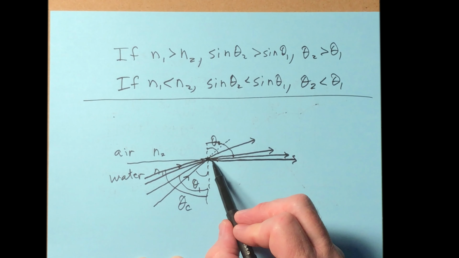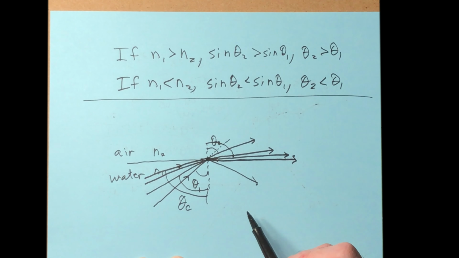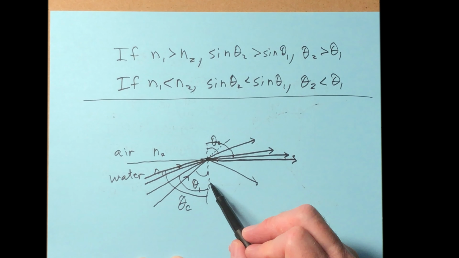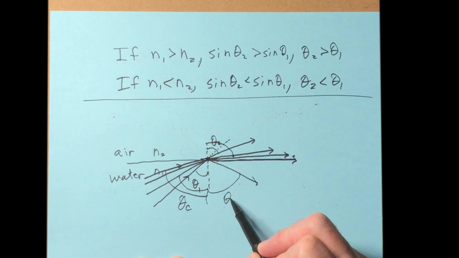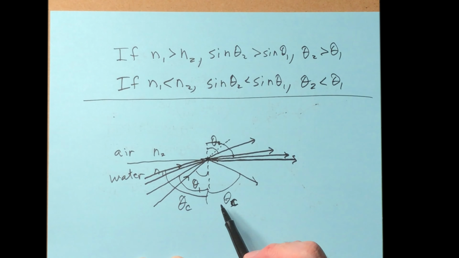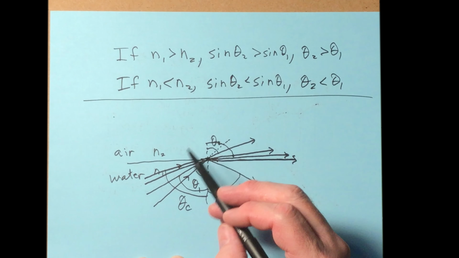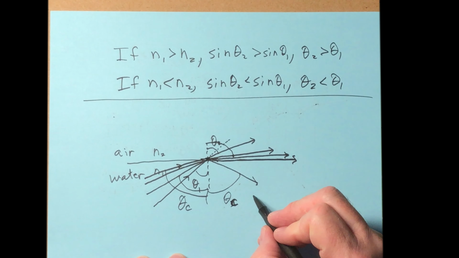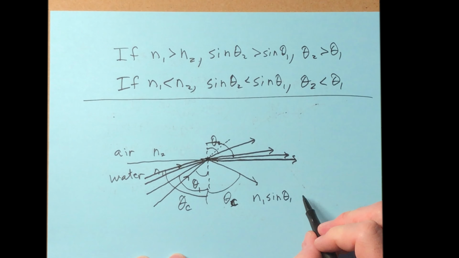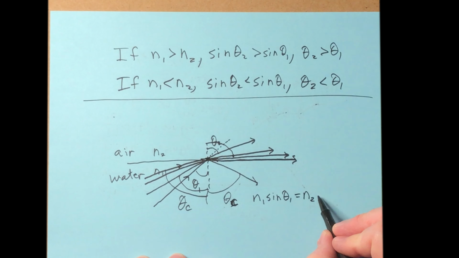Instead, we have reflected light coming in like that. And since that's reflected light, well, this angle right here would also be theta C. Oops, theta C. That's a C. So those two angles right there are going to be the critical angle in that case. Well, when would that happen? Well, N1 sine of theta 1 is equal to N2 sine of theta 2.